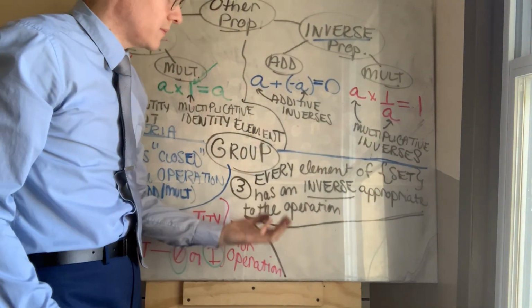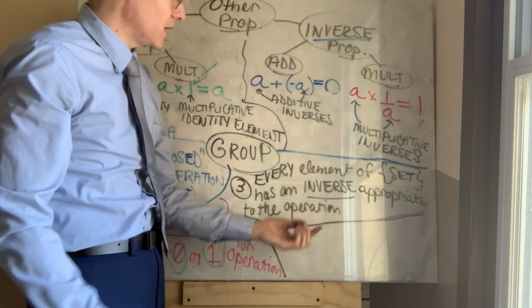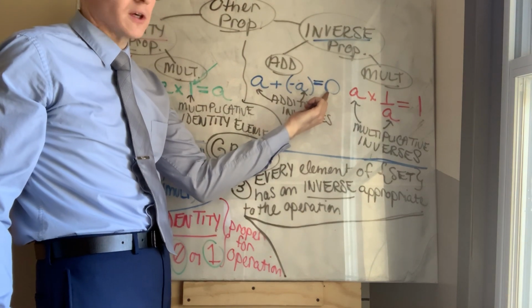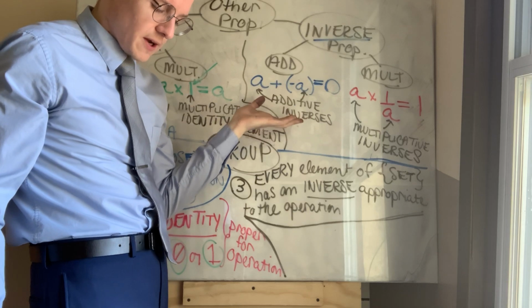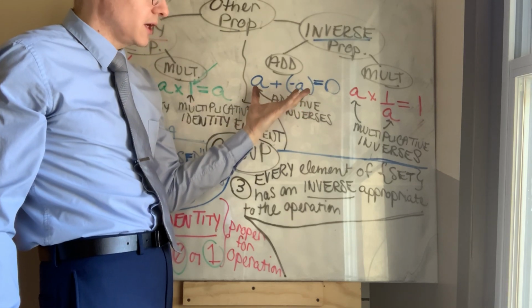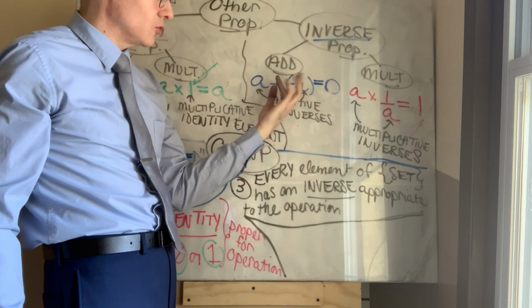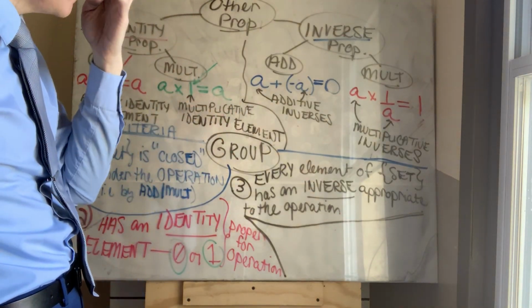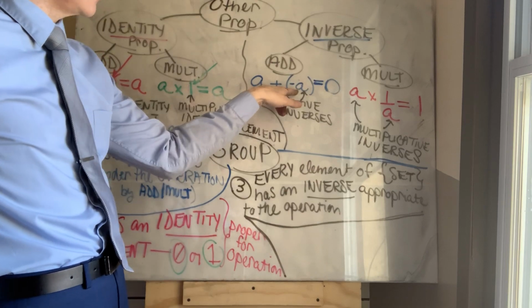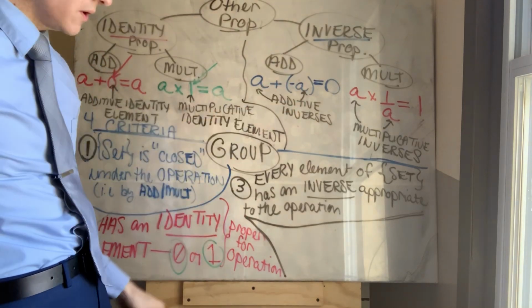If the result of combining two elements is that you get 0, then you say that these are inverses of one another. And it would be appropriate in that case, as long as you're adding, to have a 0, and that these coexist.